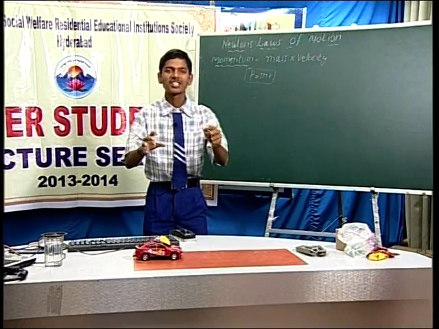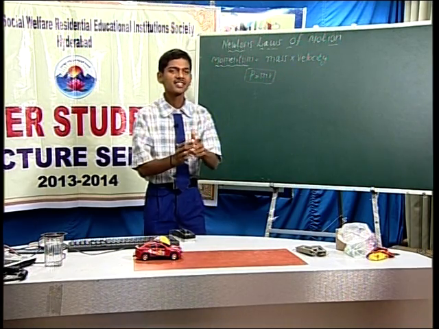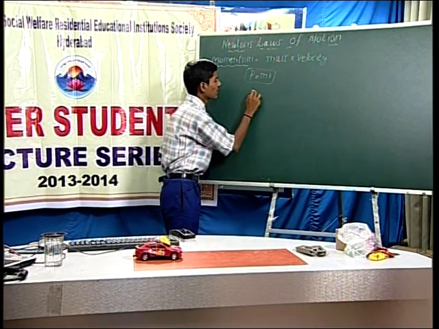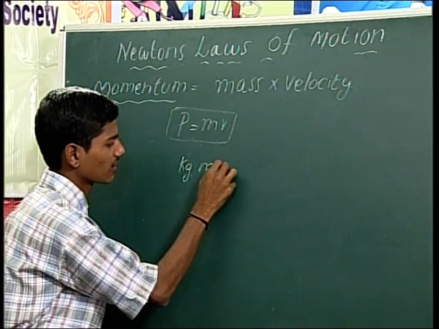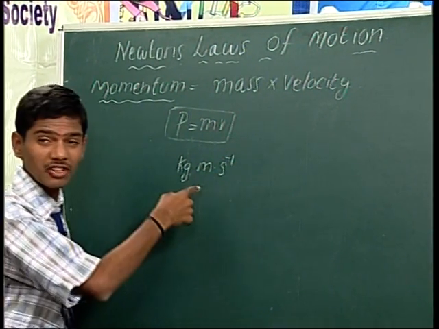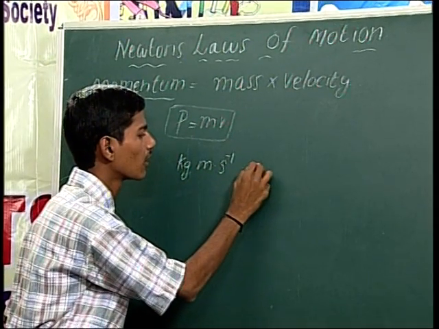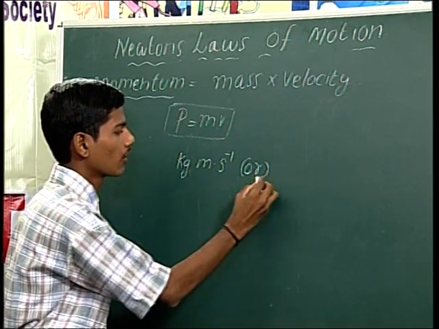Momentum is a vector quantity and it has the units kg meter per second, which is equivalent to Newton second.